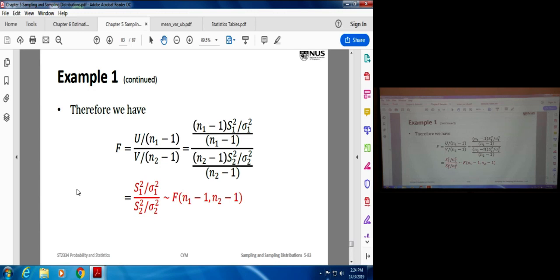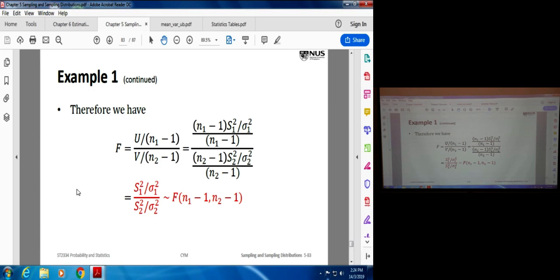Of course these two factors cancel, and we get this ratio, which is basically the ratio of the variances, S1 squared over sigma squared 1 divided by S2 squared over sigma squared 2, and that's F distributed, and the two degrees of freedom are n1 minus 1 and n2 minus 1.